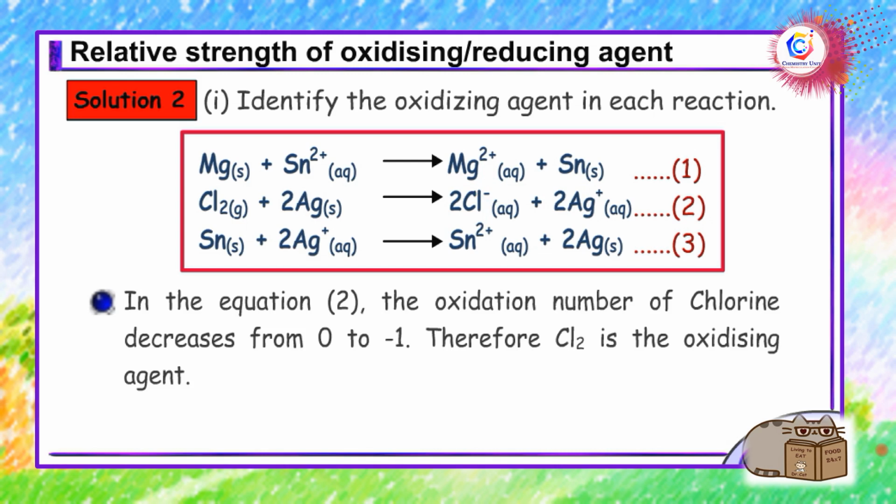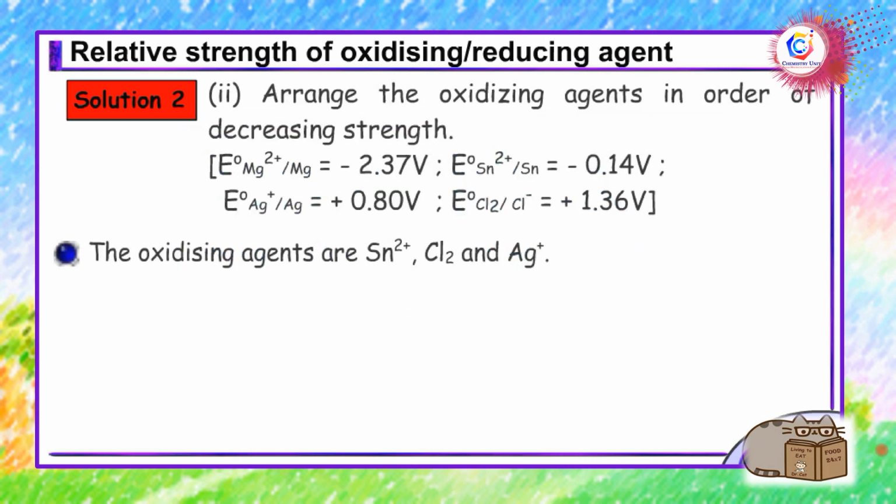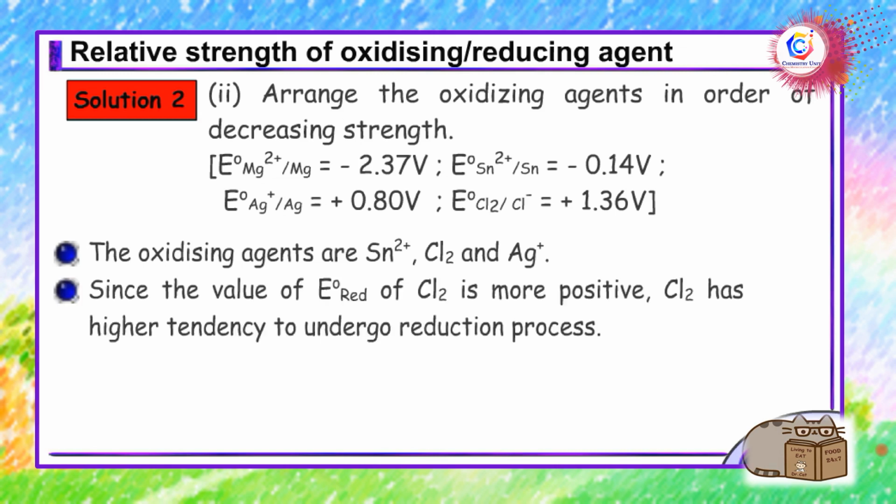In equation number 2, the oxidation number of chlorine decreases from 0 to -1. Therefore, chlorine is the oxidizing agent. In equation 3, the oxidizing agent is silver, since the oxidation number of silver decreases from +1 to 0. The oxidizing agents are Sn2+, Cl2, and Ag+ ion.